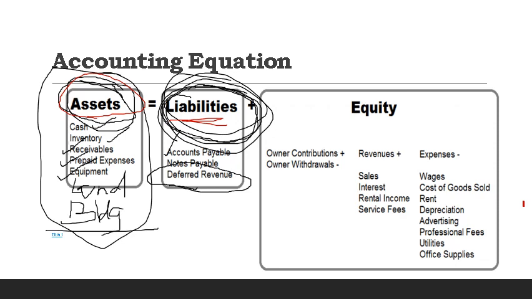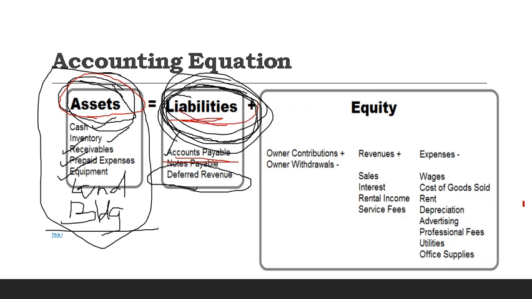Some popular examples of liabilities: accounts payable, payment you owe your suppliers; bank loans, the principal you owe investors; salaries and wages payable, what you agreed to pay your employees in the future. Again, there are two types of liabilities.